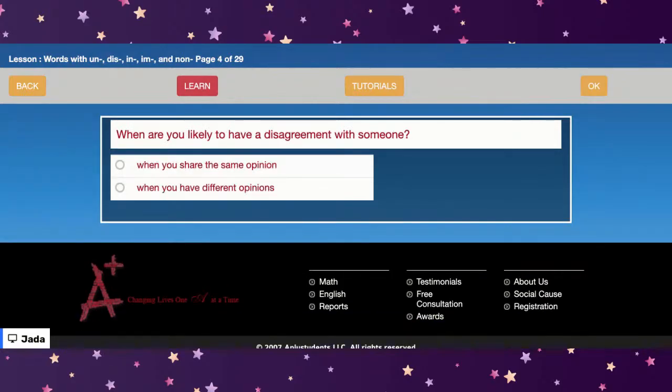When are you likely to have a disagreement with someone? Mm-hmm.